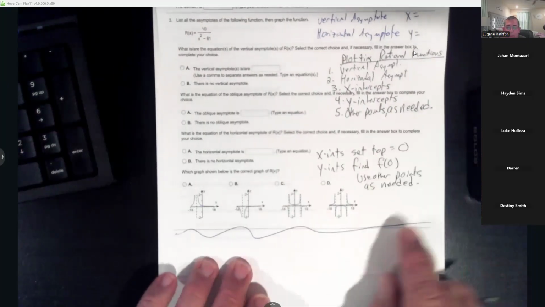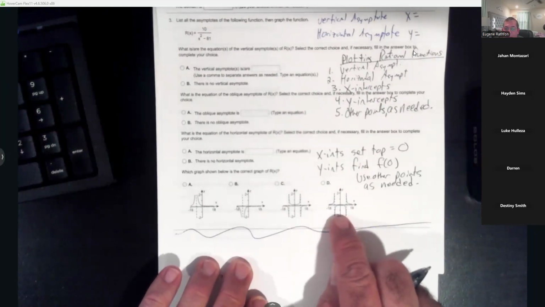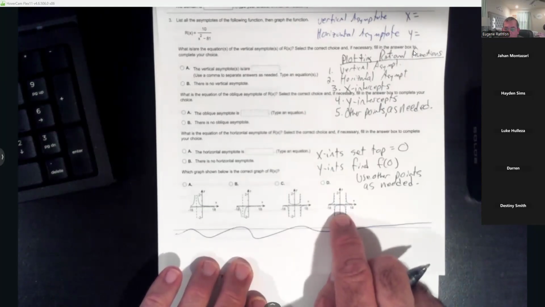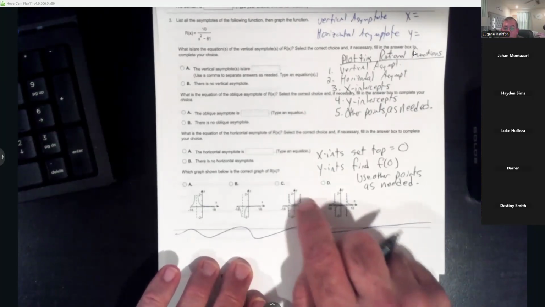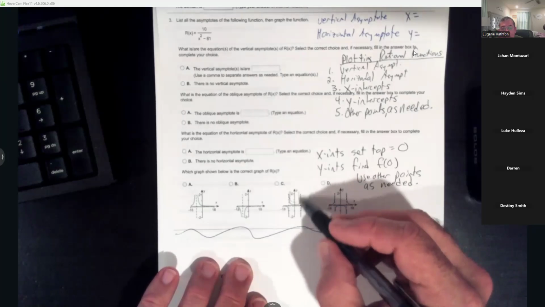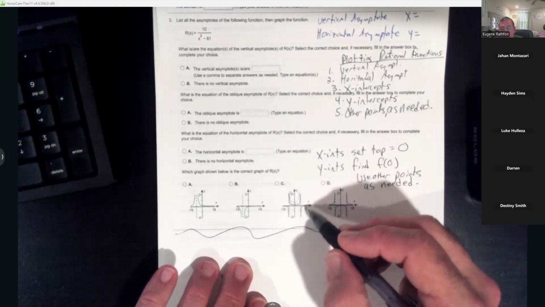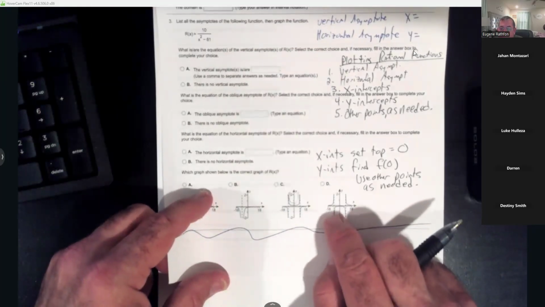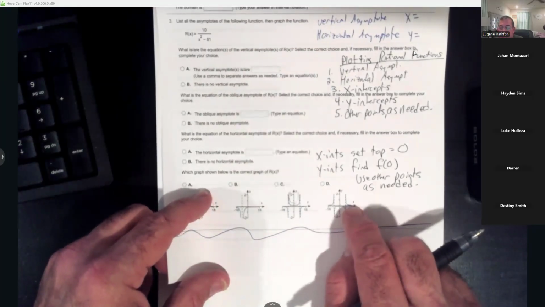So this one would give you 4 pictures. And the one that we matched up would be D on this one. Now, if it would have been a positive y-intercept, then it would have looked like this C, and the other ends would have came down. But since it was negative, it had to be this one because it does not cross the x-axis.